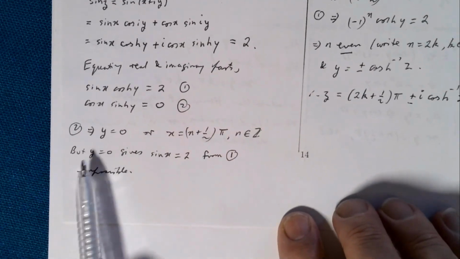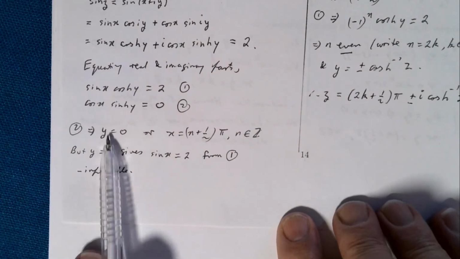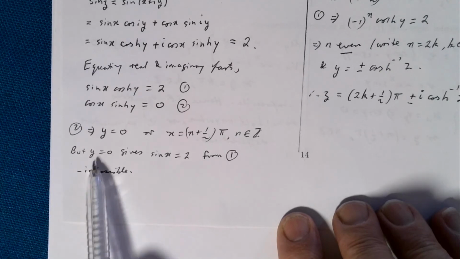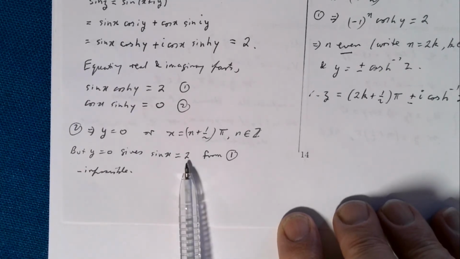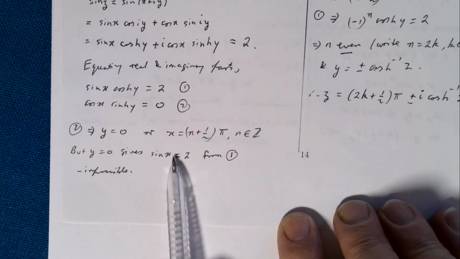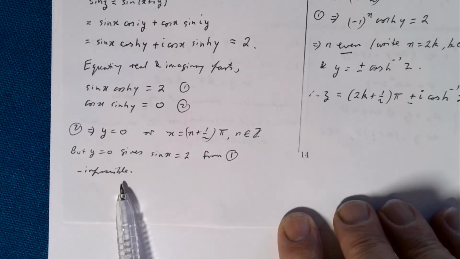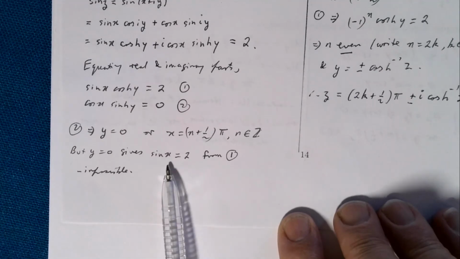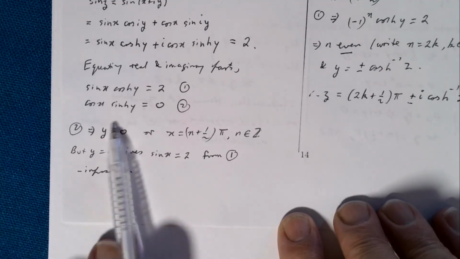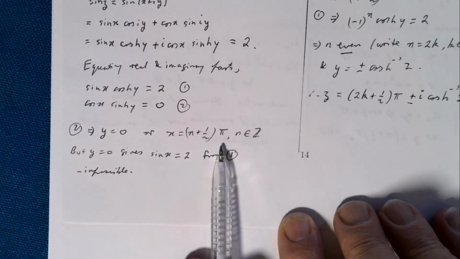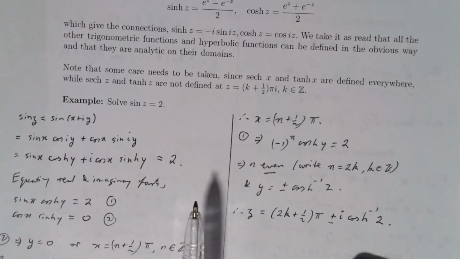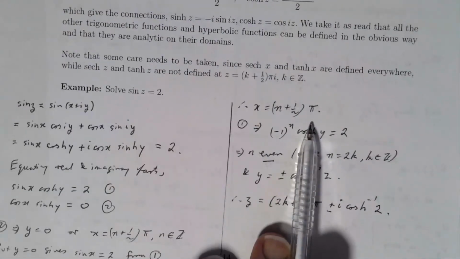On the other hand, if I plug y equals 0 back into equation 1, cosh 0 is 1. That gives me sin x is 2, and now x is real, and that's impossible. We can't solve sin x is 2 if x is real. So in that case, it can't happen. So x must be (n plus a half) pi.